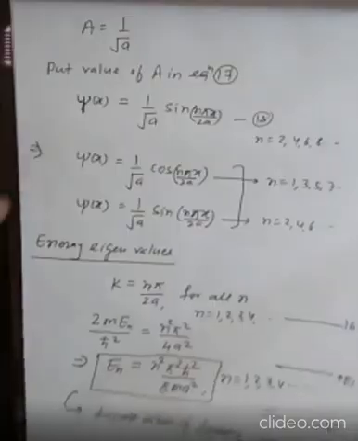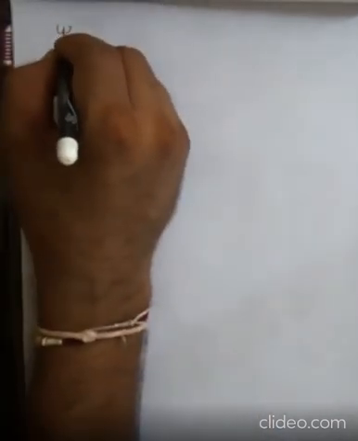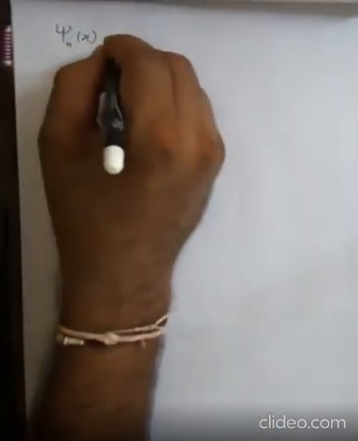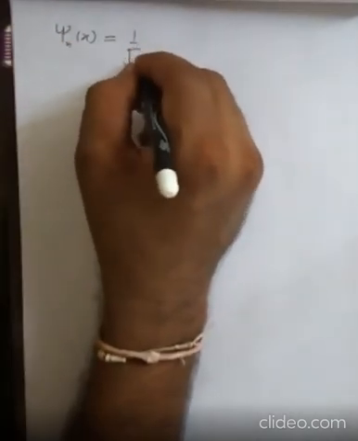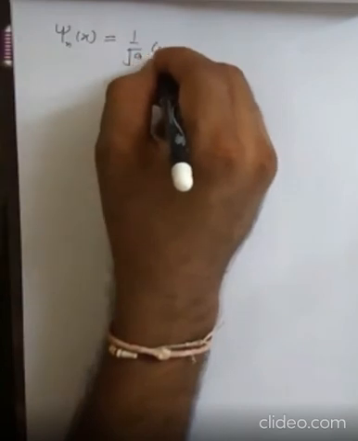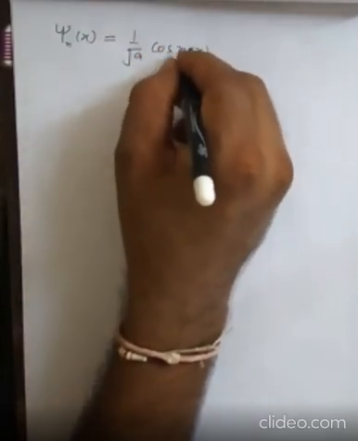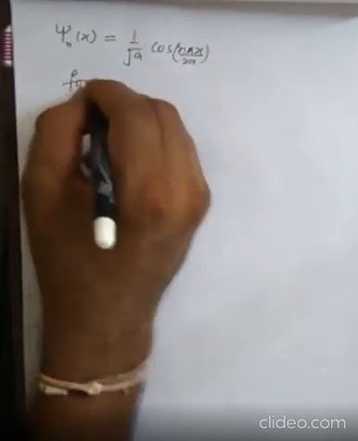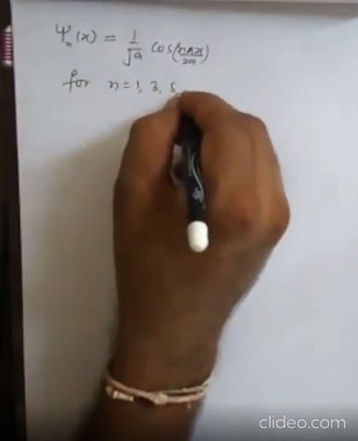And we also, so the eigenfunction, you already derived this one, for n equal to 1, 3, 5.